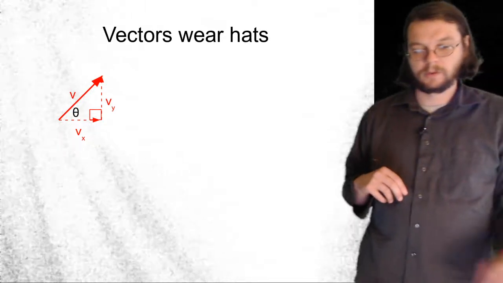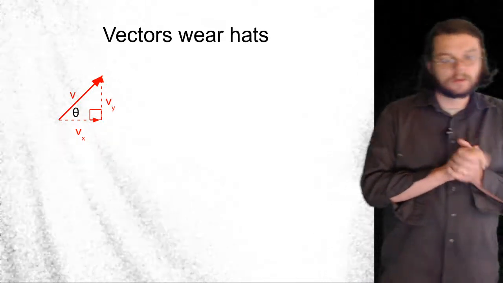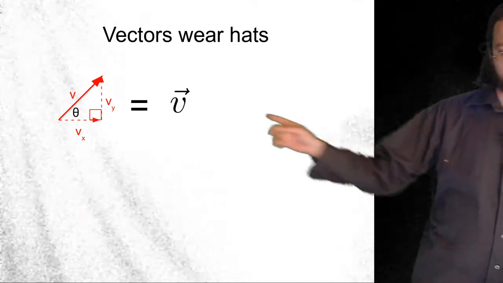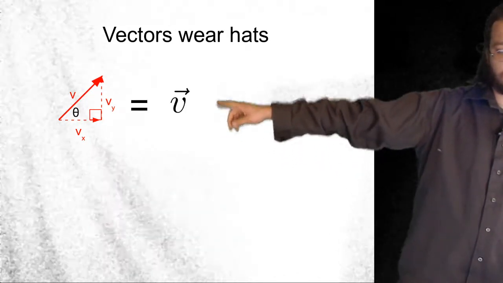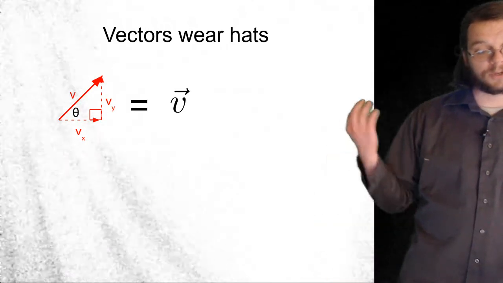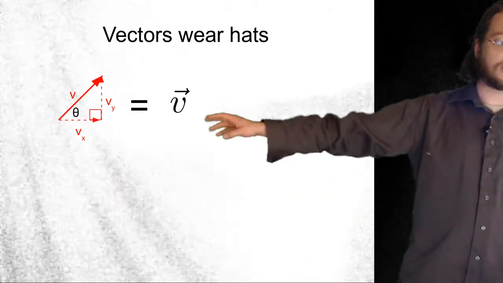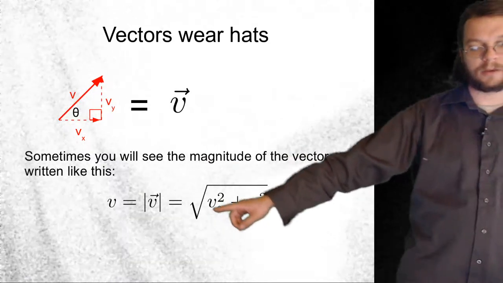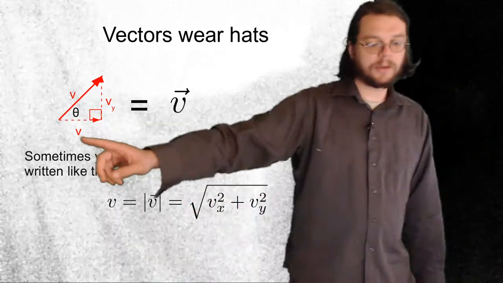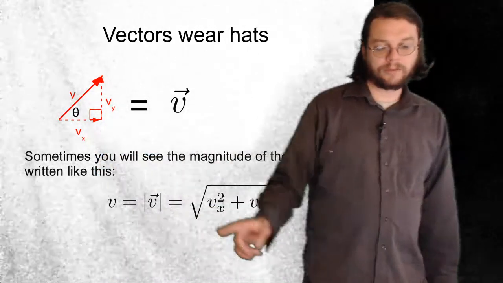In terms of the notation, you often see vectors with this little arrow on the top. I like to say vectors wear hats. A notation that you'll see is an absolute value looking thing like this. It's not really an absolute value because, if this was -3, we wouldn't take the absolute value here.